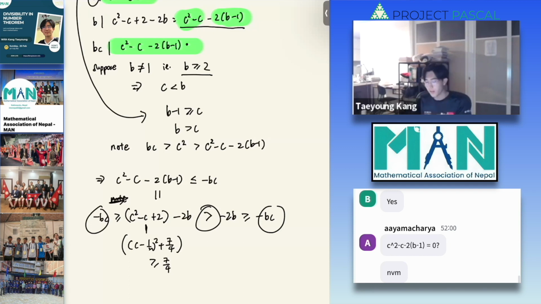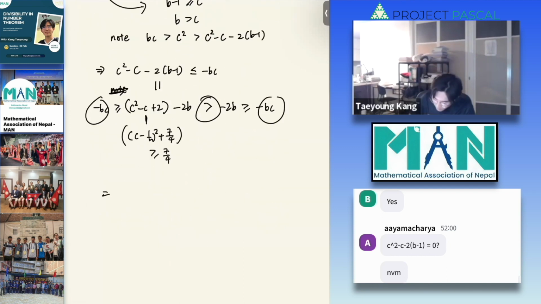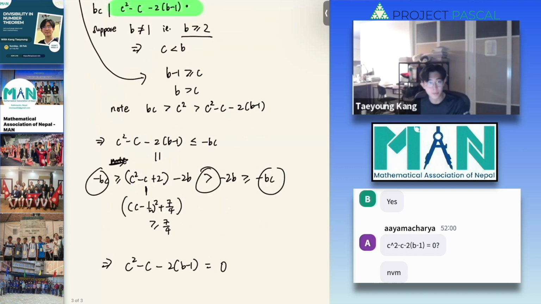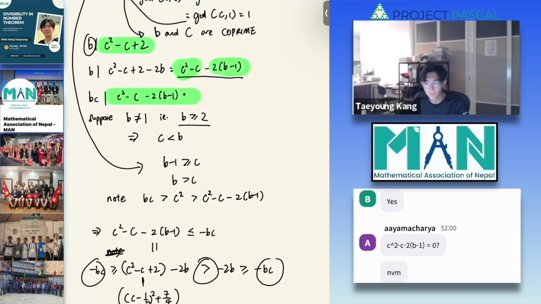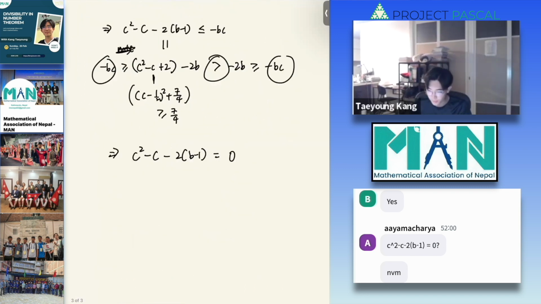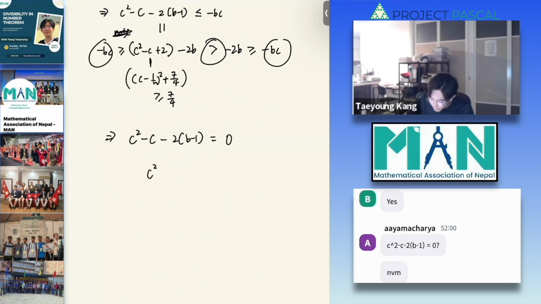So this means that c squared minus c minus 2b minus 1 is equal to 0. Since it cannot be a negative multiple, neither can it be a positive multiple. So it strictly equals 0. So we have c squared minus c plus 2 is equal to 2b.